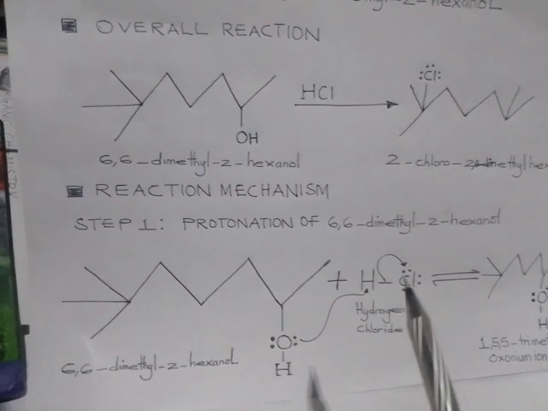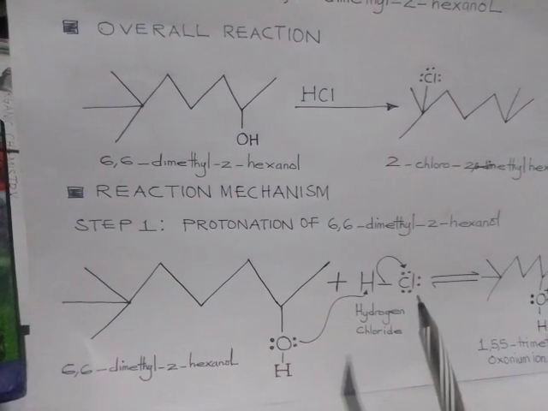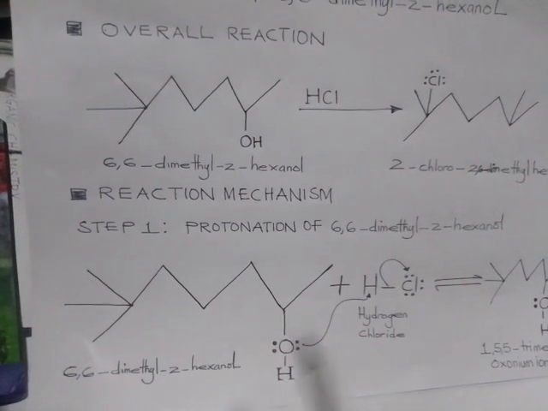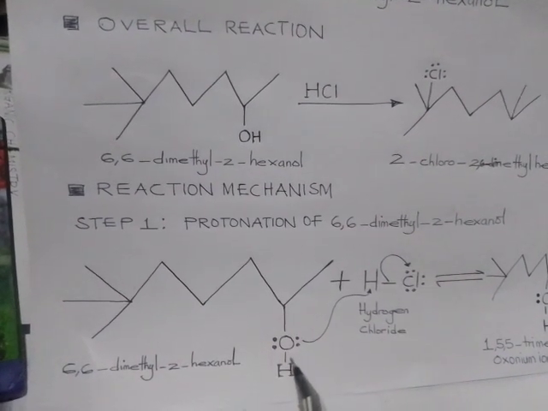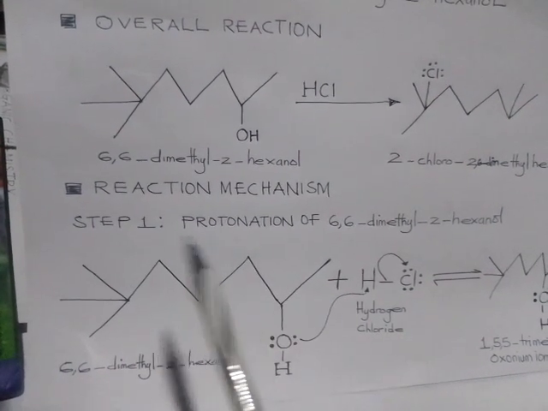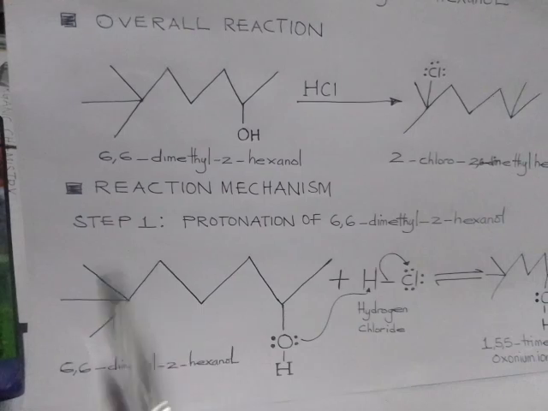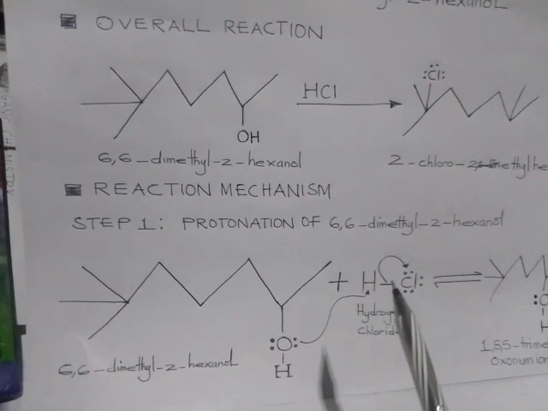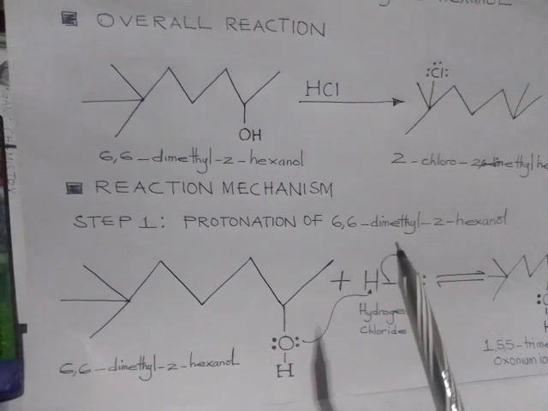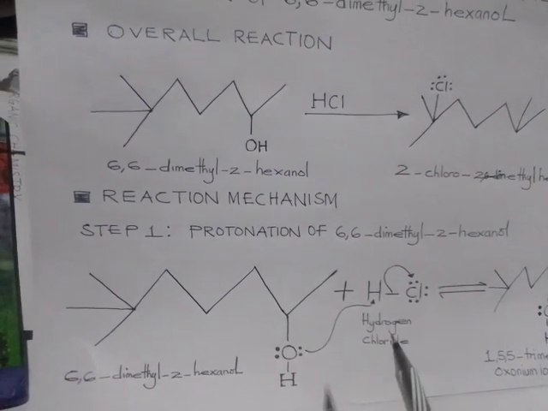Considering the fact that the hydrogen chloride is donating hydrogen to this hydroxy group that is attached to the hydrocarbon chain, we can consider this hydrogen chloride, or hydrochloric acid, as a Bronsted-Lowry acid.